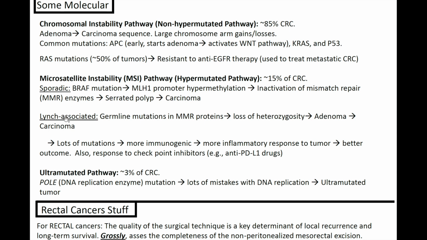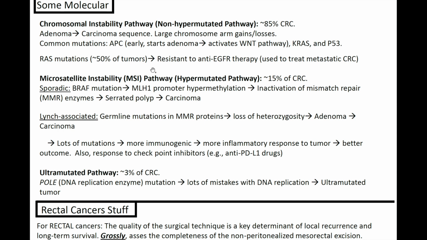Or you can have the Lynch-associated pathway, which is a germline mutation in MMR proteins, leading to loss of heterozygosity, adenoma, and then carcinoma. So there's lots of mutations leading to a more immunogenic, more inflammatory response to the tumor, which leads to a better outcome. Also, response to checkpoint inhibitors, such as anti-PD-L1 drugs.